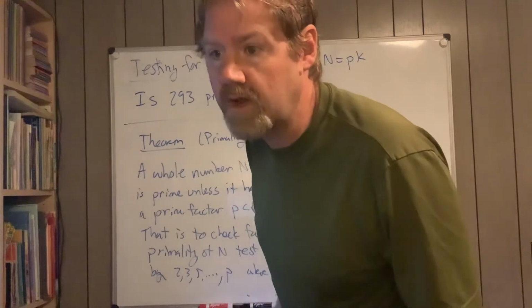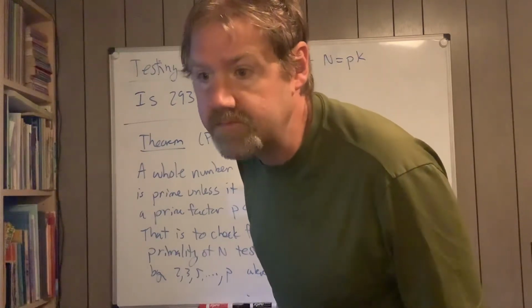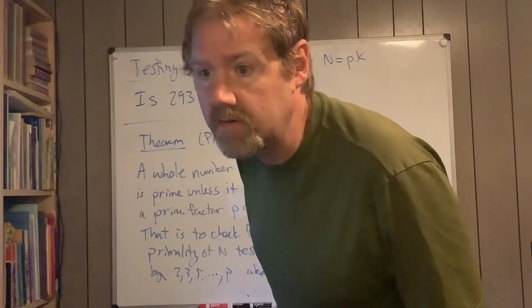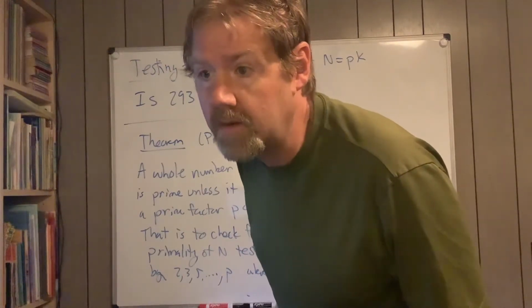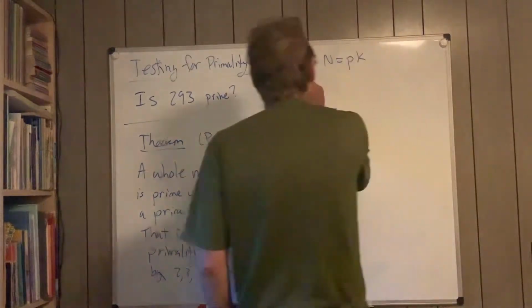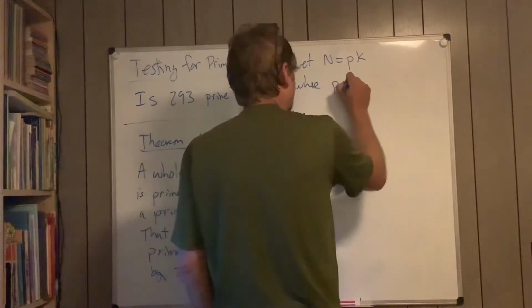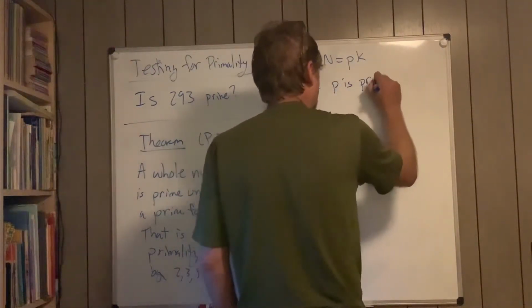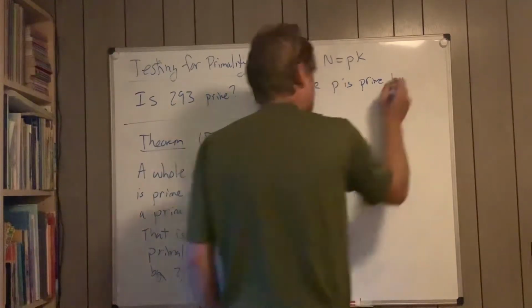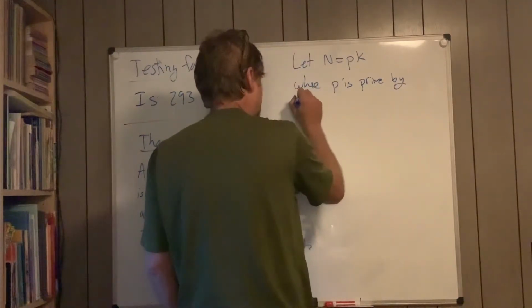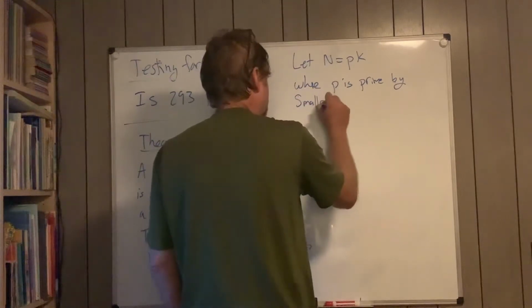First of all, I'm going to write capital N as P times K. P is prime by the smallest factor theorem.